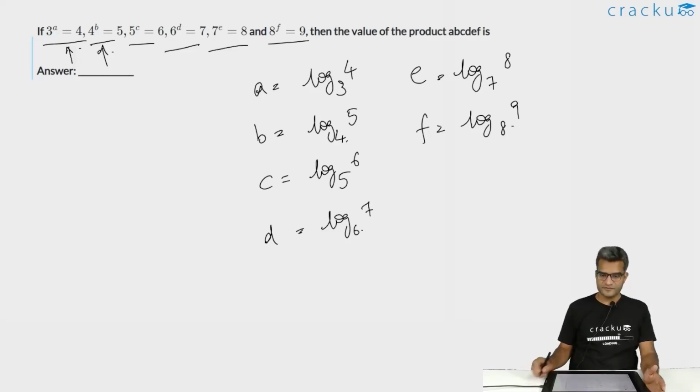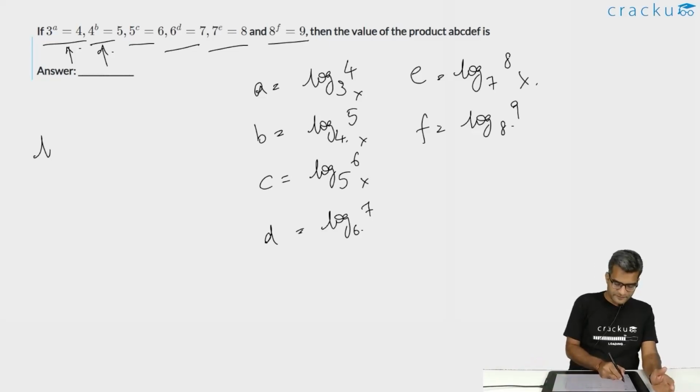If you are multiplying all of them, you have to just multiply all of these right hand sides. Now we know that log of a to the base b is equal to log of a divided by log of b.